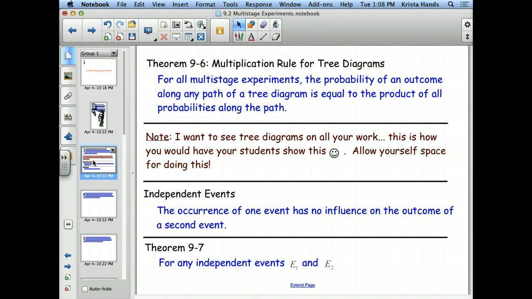All right, last one here says, for any independent events E1 and E2, if you want to know the probability that E1 and E2 occur, write it the same way I've got it written down here.